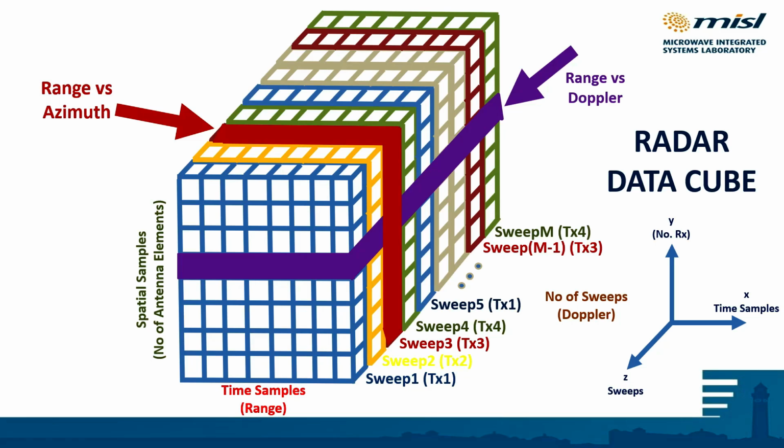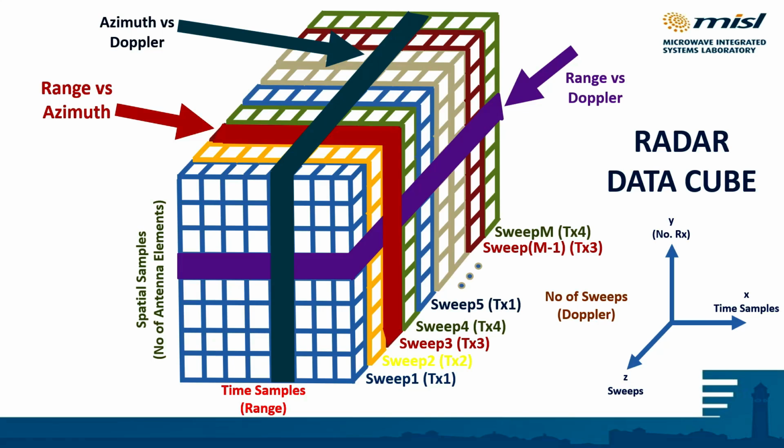For range versus azimuth plot, what we need to do is that at any specific sweep, we can apply the range FFT followed by the beamforming algorithm for angle of arrival. You can also use any other method you want to use to determine the angle of arrival.